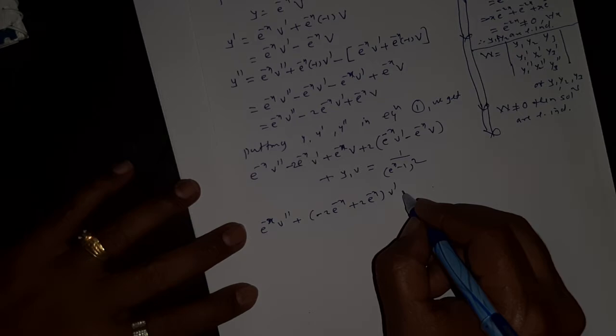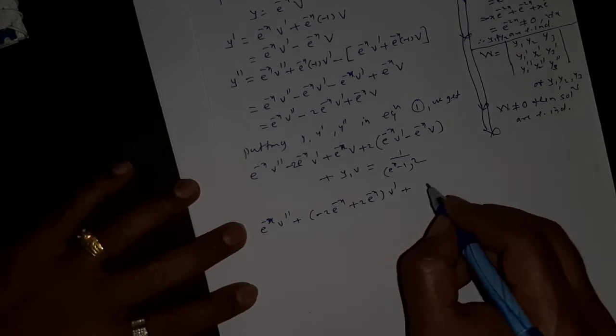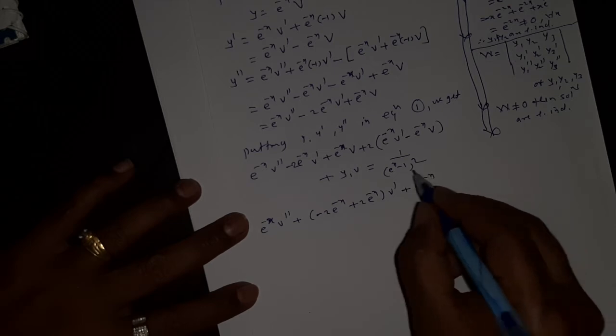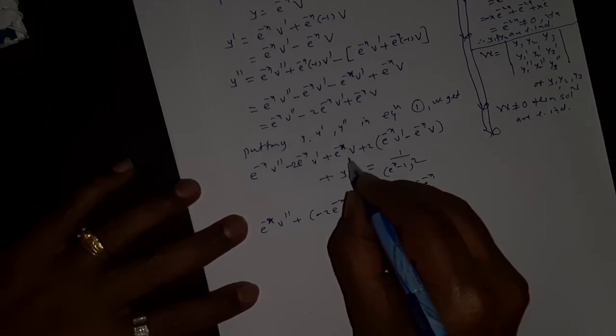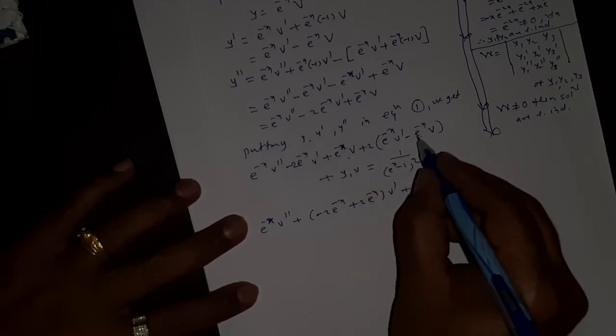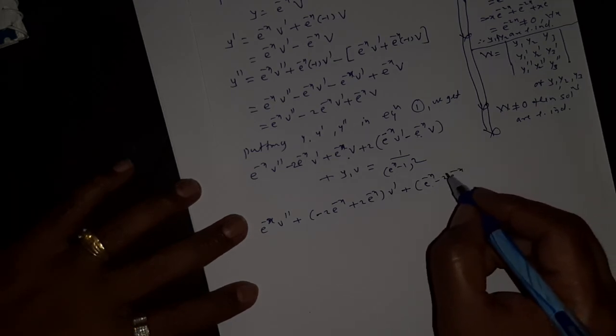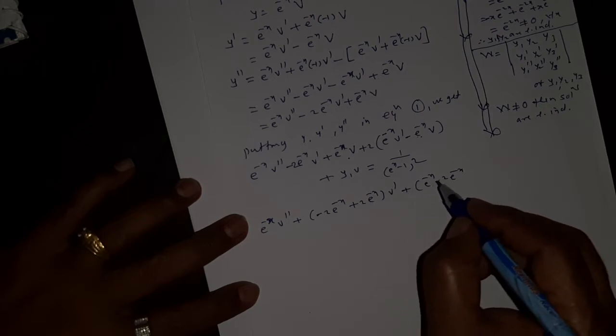And plus the coefficient of v, e raised to minus x, this term, then this term, plus, not plus, minus 2 times e raised to minus x, coefficient of v.